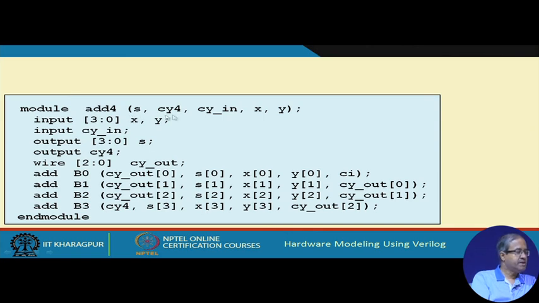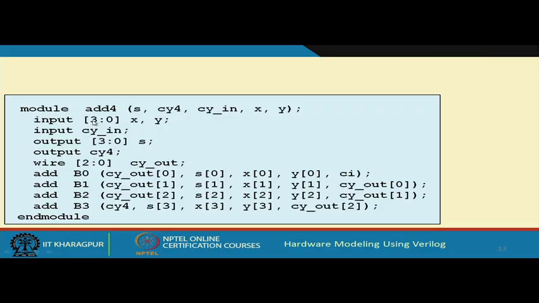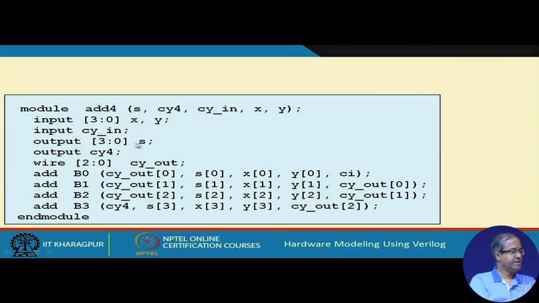Just one thing you see here: I have declared x and y as the inputs, and I have declared them as vectors. [3:0] means it is a 4-bit number, where the bits are numbered from the most significant side 3, 2, 1, 0. This is the way to specify in Verilog, [3:0]. Carry in is a single carry in. Similarly, the output sum is also 4 bit, 3 to 0.